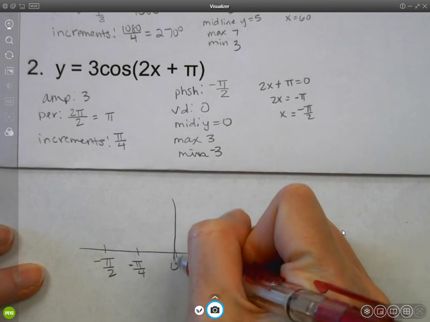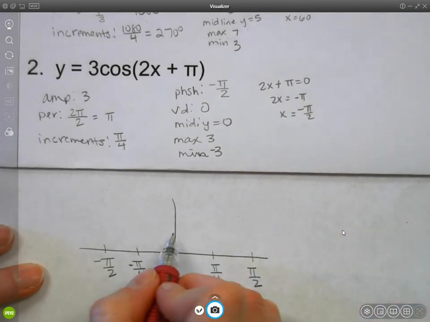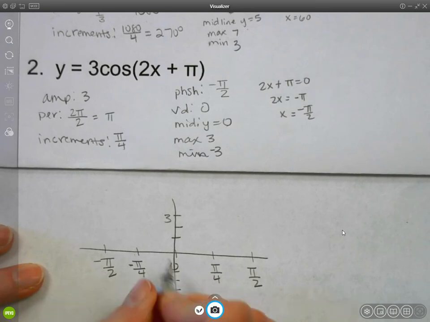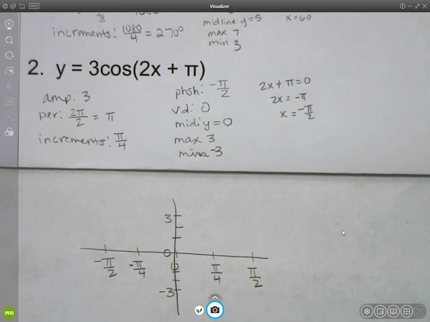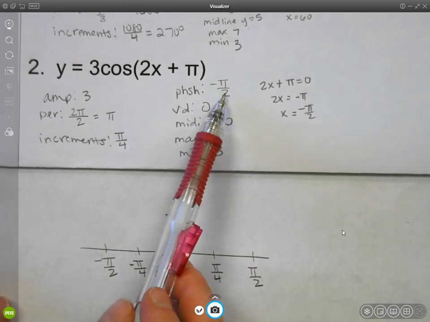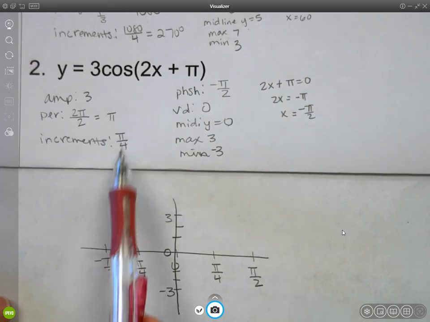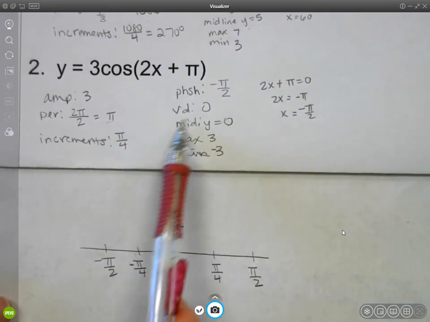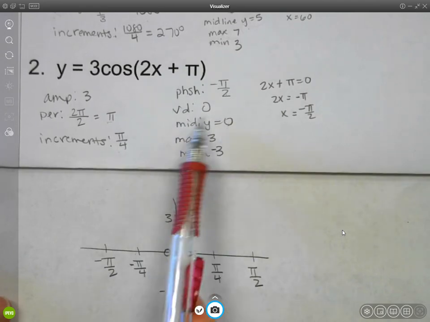So your y-axis goes through 0. We need positive 3 and negative 3 on the y-axis and 0 as our middle. Remember that x-axis is labeled phase shift, count by your increments. Make sure you covered a whole pi. Your y-axis is your midline and your max and your min.